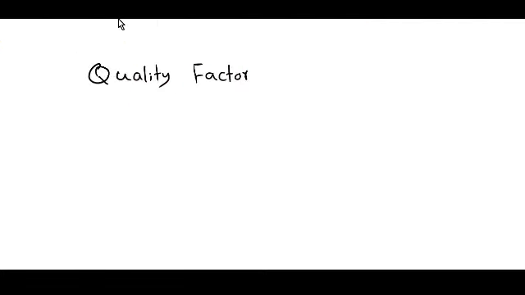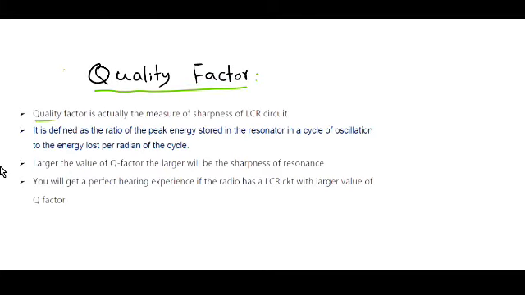Next, we discuss the quality factor. The quality factor is actually the measure of the sharpness of the LCR circuit. We discussed the sharpness of the LCR circuit, and this is the measure of the sharpness.